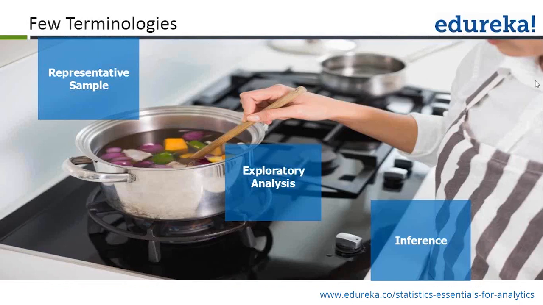The teaspoon of soup that you are taking is referred to as the representative sample. Once you take the teaspoon of soup, you check whether salt is added properly, whether all the vegetable ingredients are in proper mix, and so on. This process is called exploratory analysis. And based on how the salt and other ingredients are checked using the teaspoon of soup, you make a decision, or an inference, about the soup as a whole. So this process is called inference.